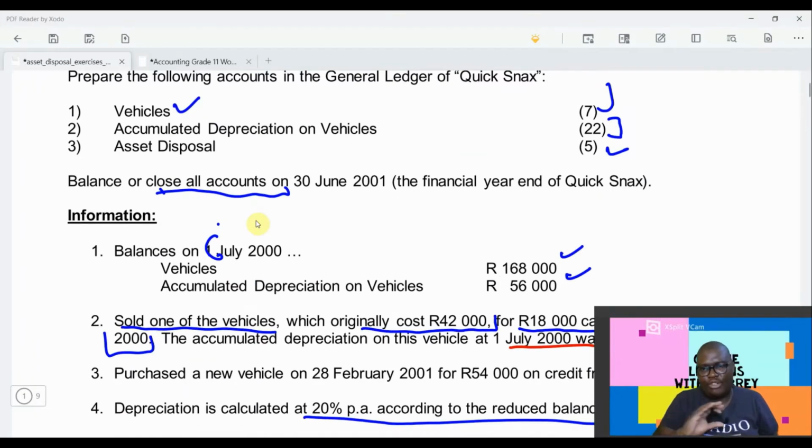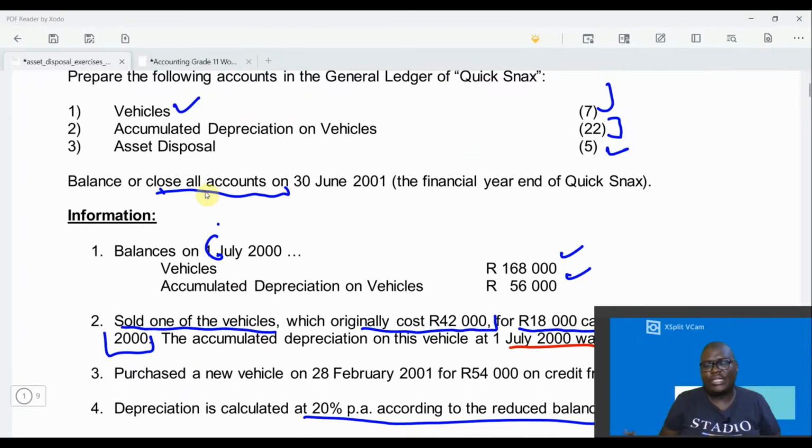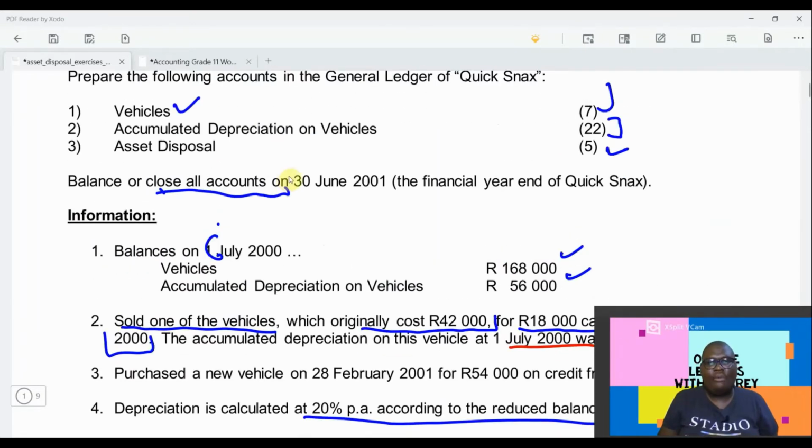I want to deal with the one that was sold and finish with it. So you must know how to work these things out. And then once we're done with this, we're not going to struggle. We just need to calculate depreciation for the current vehicles that are remaining after the one that was sold, and then also the depreciation for the new one, and then from there we close off those accounts, and we'll be done.